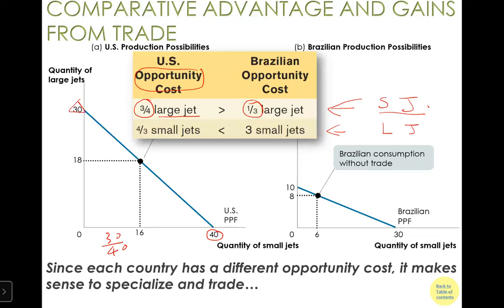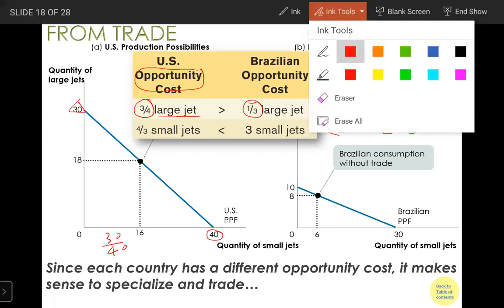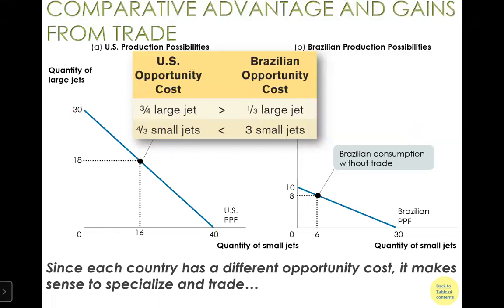And on the other hand, we can calculate the opportunity cost of a large jet in the US versus Brazil. Now, from those numbers, and based on the definition of comparative advantage, we immediately know the US has comparative advantage in producing large jets, and Brazil has comparative advantage in producing small jets.